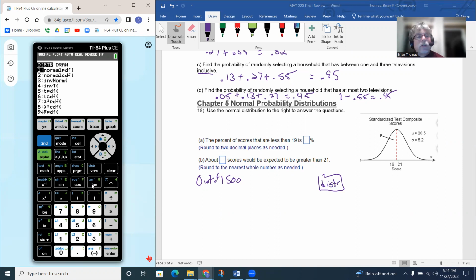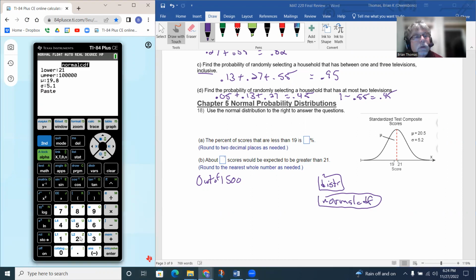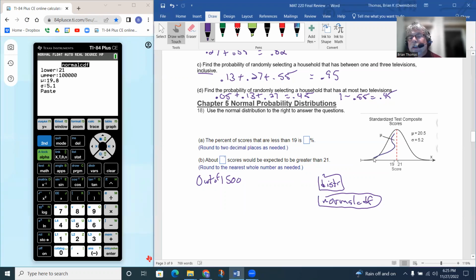The one we want is the normal cumulative distribution function, number 2. For less than 19, we want to find the area of the curve that's to the left.